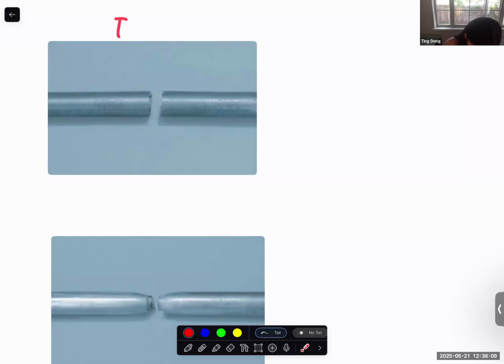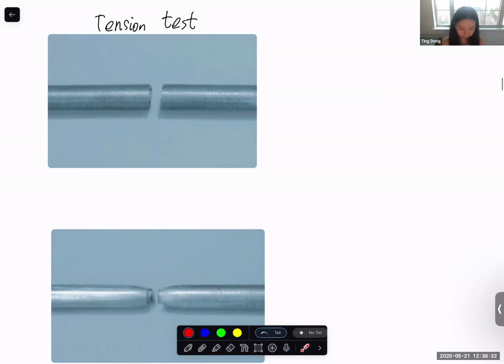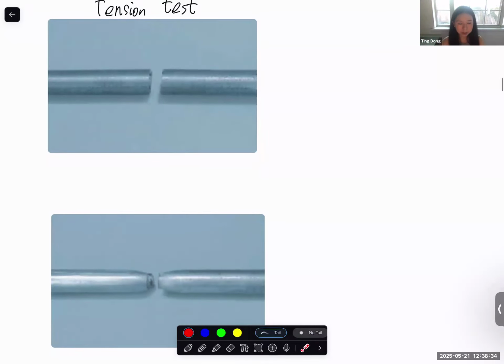So let's assume this is a tension test. The tension test basically means that you have a 1D bar structure and apply tensile force, and it will break. And for different materials, it will break in different ways. So let's assume that of these two pictures, one is a brittle material, one is a ductile material.